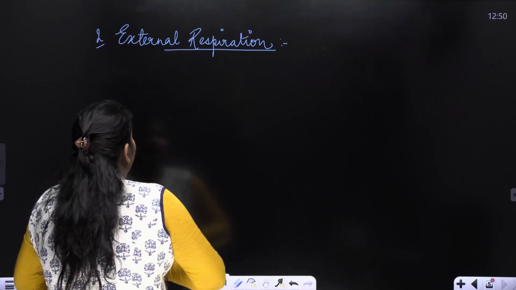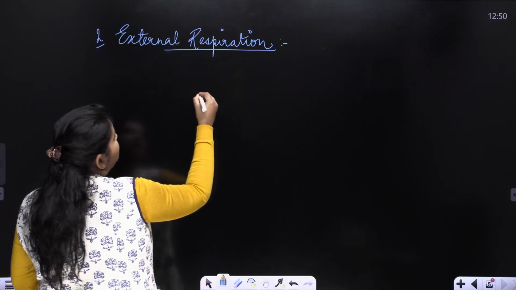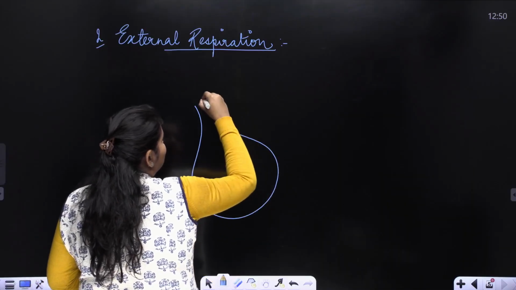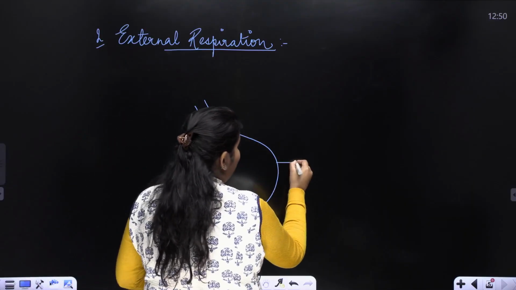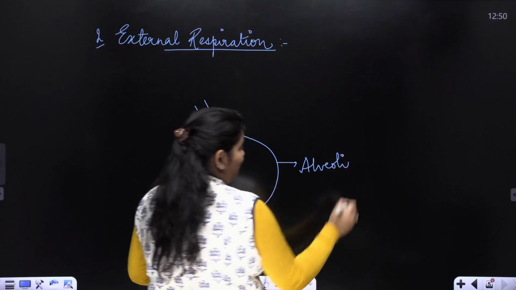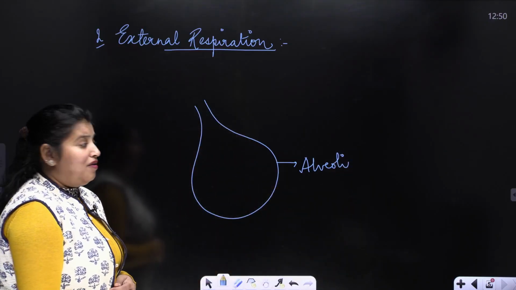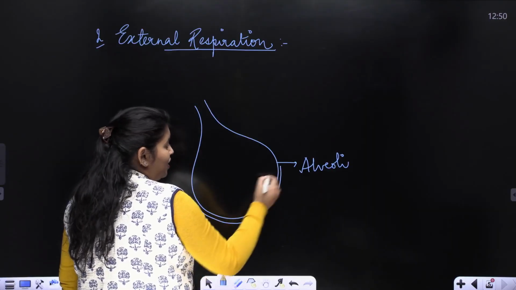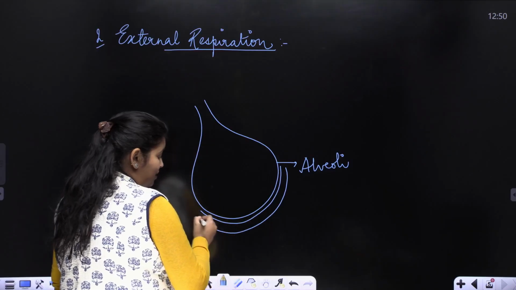All right. So, external respiration means once breathing is done, the air will enter the lungs and ultimately the alveoli, which are surrounded by blood capillaries.